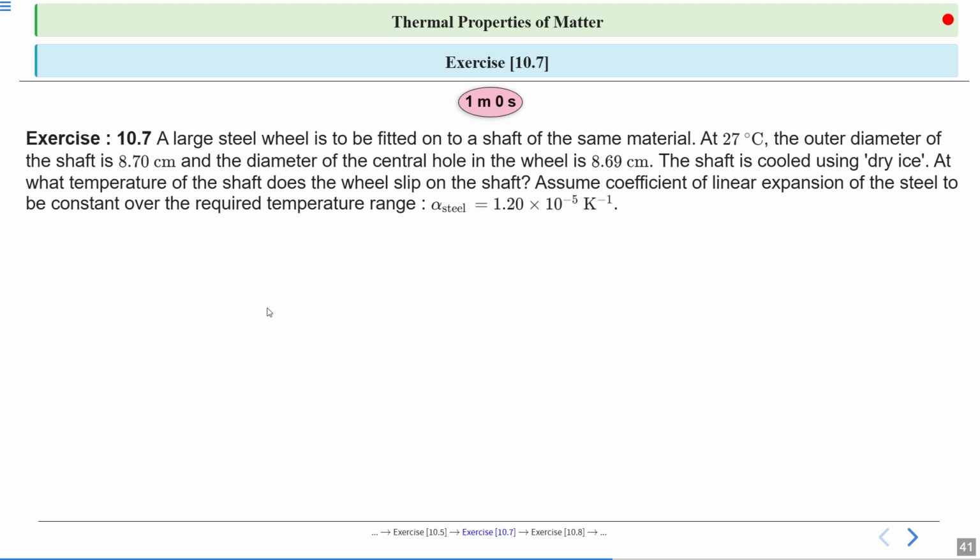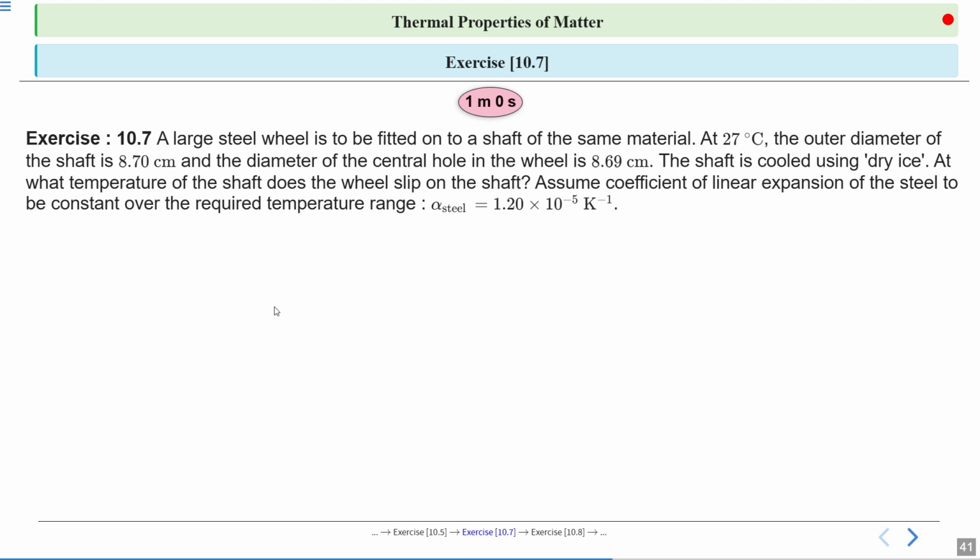A large steel wheel is to be fitted on a shaft of the same material at 27 degrees Celsius. The outer diameter of the shaft is 8.70 centimeter and the diameter of the central hole in the wheel is 8.69 centimeter. The shaft is cooled using dry ice.